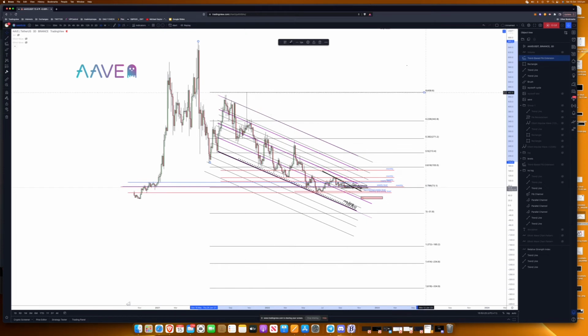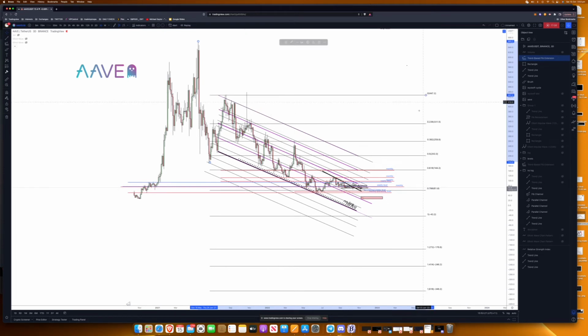I need to bring this a bit further down. And you can see how the monthly is a 618 resistance. This level is where I think we're going to be bullish. If price can break this level, the 618 monthly level, that's when we become bullish.